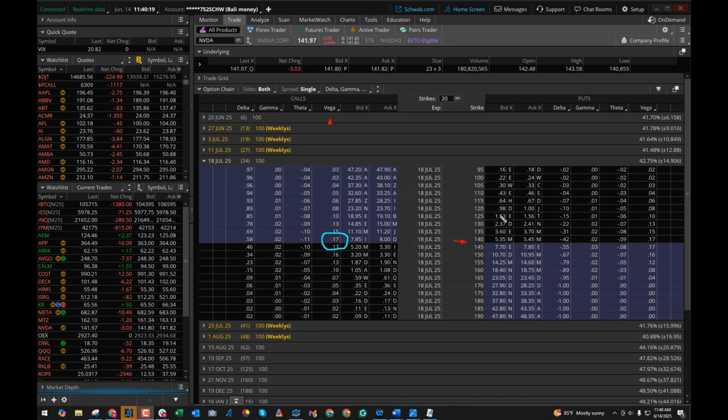A Vega of 0.17 or 17 cents means that it's going to gain or lose, that's plus or minus, depending if you bought or sold the option, 17 cents per contract if implied volatility rises or falls by 1%. And we know that can happen easily in NVIDIA. In this example, if it was SPX, it would be the volatility of SPX and so forth. Amgen or Amazon or whatever would be the volatility of that.